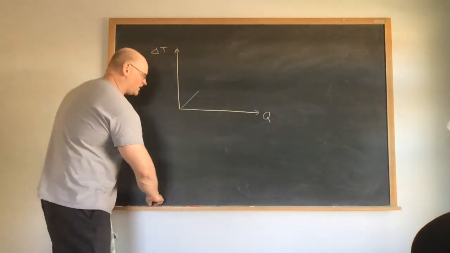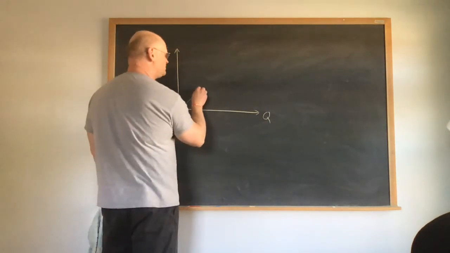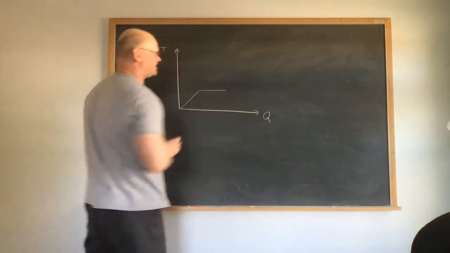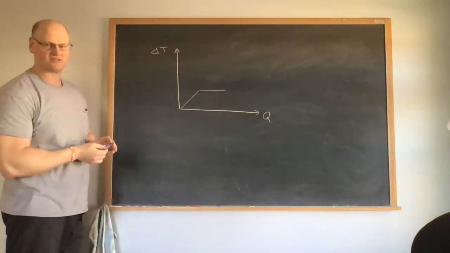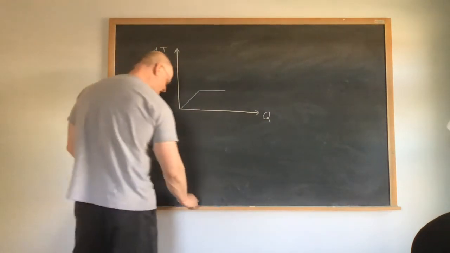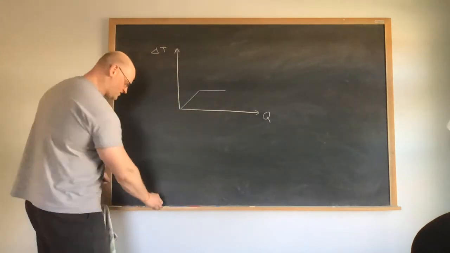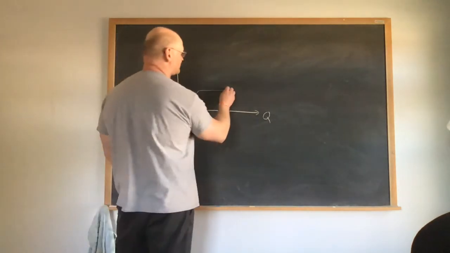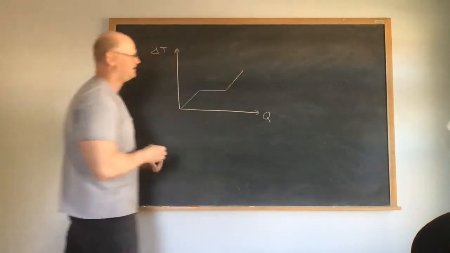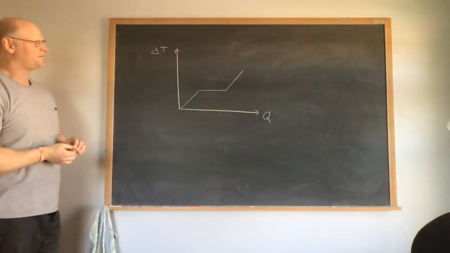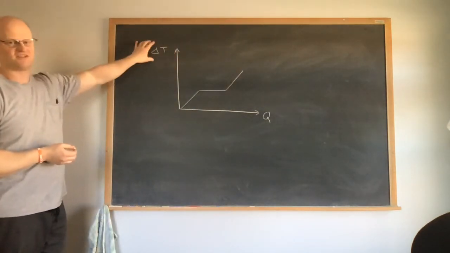Until we reach the point where we have what's called a phase transition, at which point heat flows into the system, but there is no change in temperature. Once I undergo a full phase transition, I go back to being a linear relationship between the heat and the change in temperature.